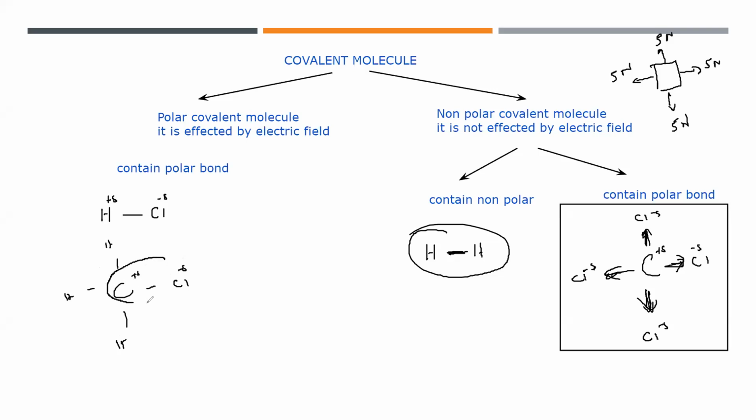The bond is polar, and there is a resultant distribution of the charge, and due to this resultant distribution of the charge, this molecule will also be a polar covalent molecule. Another example, carbon dioxide, CO2. In carbon dioxide, oxygen is partial negative, carbon is partial positive. So what will happen? Will this molecule be polar or non-polar?